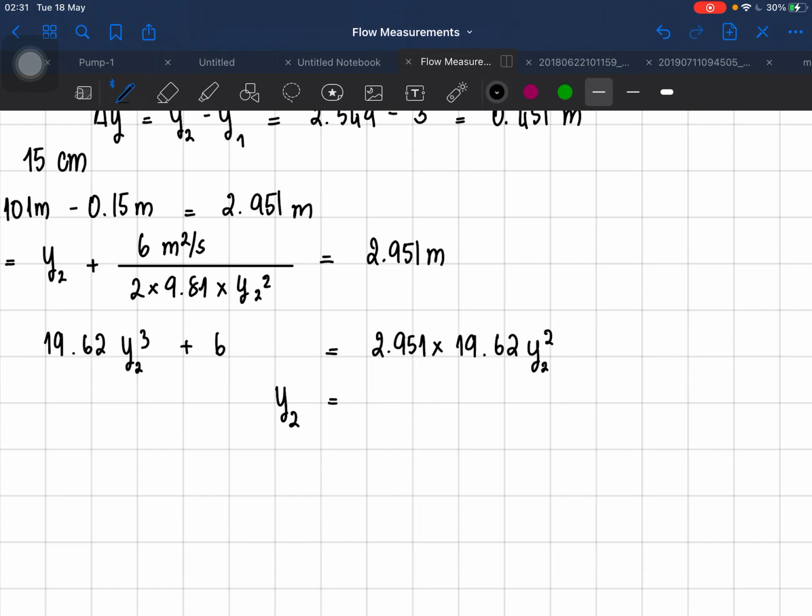For this one it's minus 2. Okay. Don't forget the minus sign because we're trying to arrange it from the right side to the left side here, right? So this is minus and this is minus, but this stays the same because it stays at the right side. For this case, I got y equals 2.985.